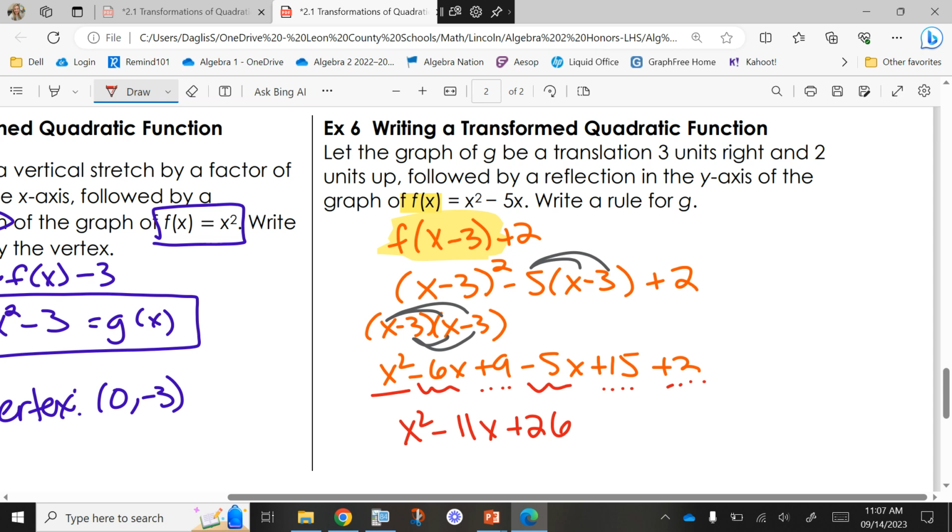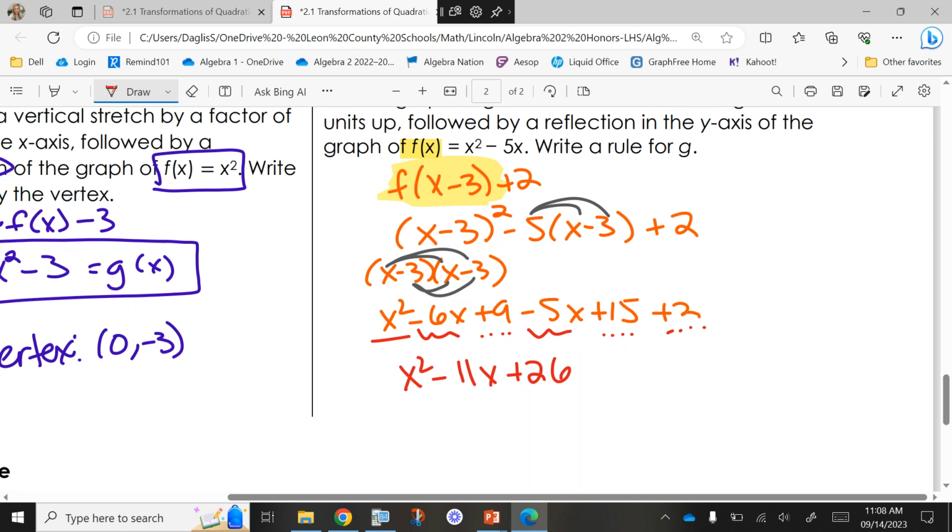To reflect across the y is to do what in my function? Make what negative? Just my x. Okay? So to reflect across the y, we just make our x's negative. So I'm going to say negative x squared minus 11 times negative x plus 26.